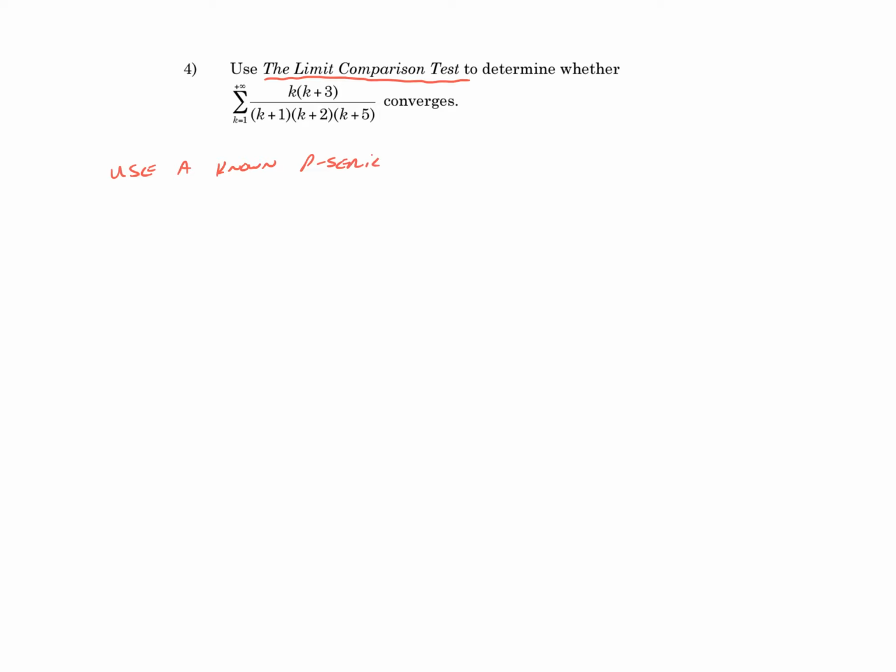We know that there's a rule regarding the p-series, whether or not they converge or diverge based on the value of p. So you want to use a known p-series, the sum as k approaches 1 to positive infinity of 1 over k to the p, where p is the difference.